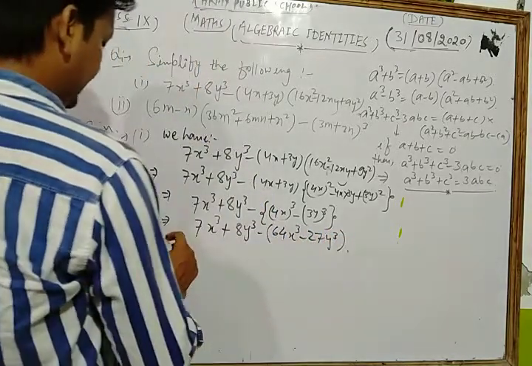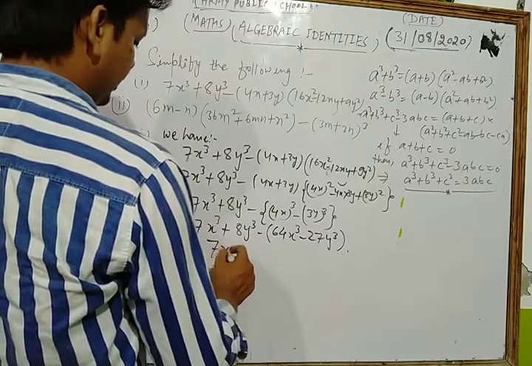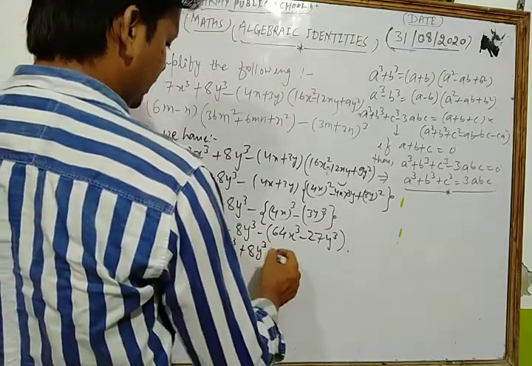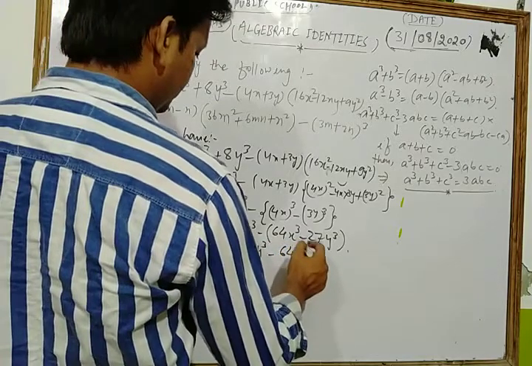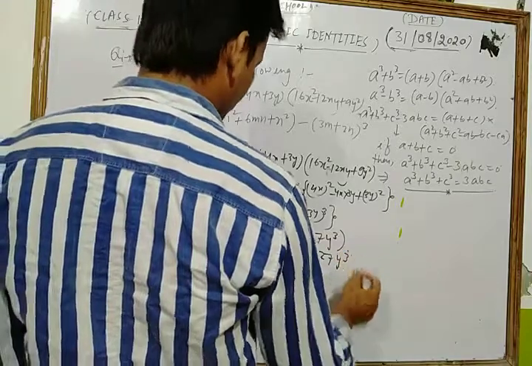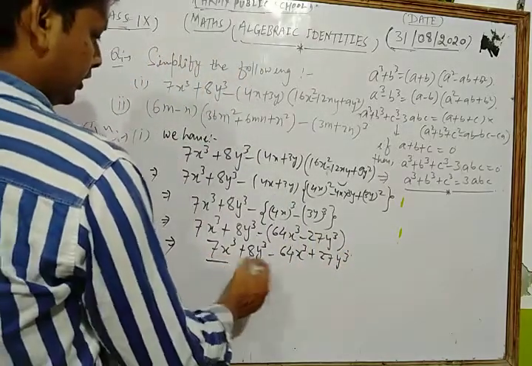Now we split the bracket, we get 7x cube plus 8y cube minus 64x cube minus 27y cube. Now look, these are like terms.